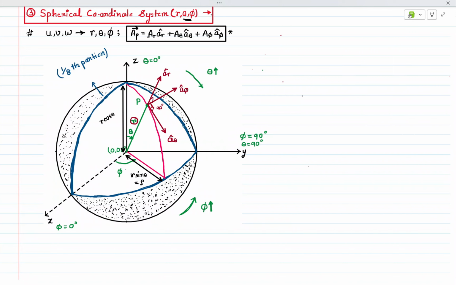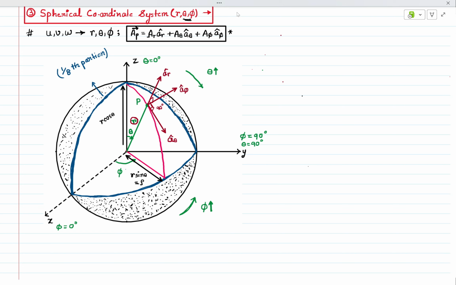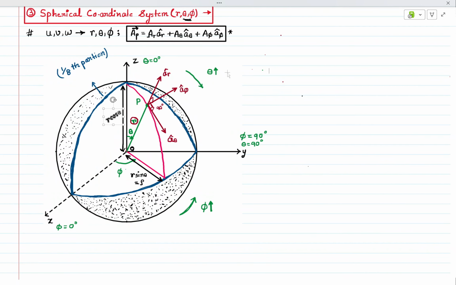Let me remove the origin. This is the R cos theta, right? Okay.